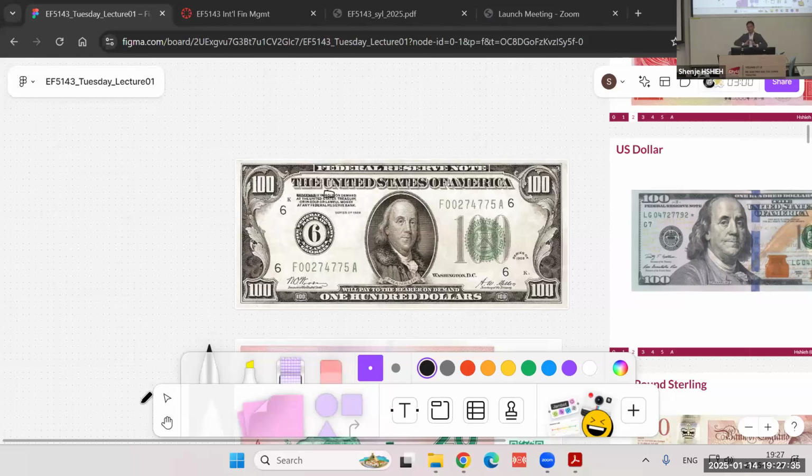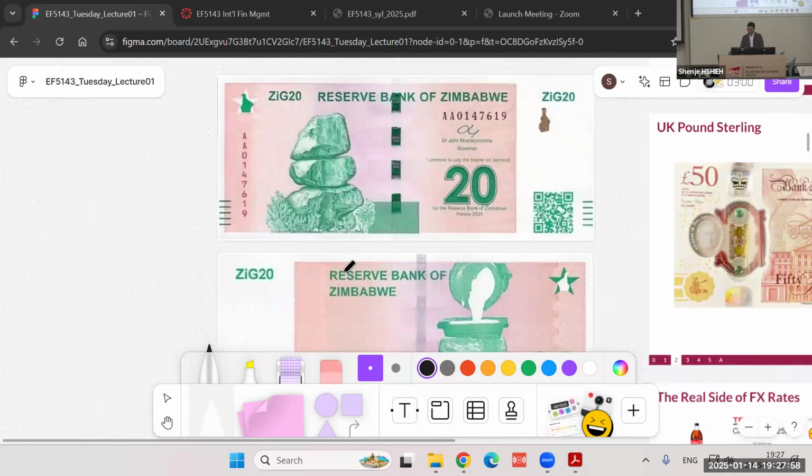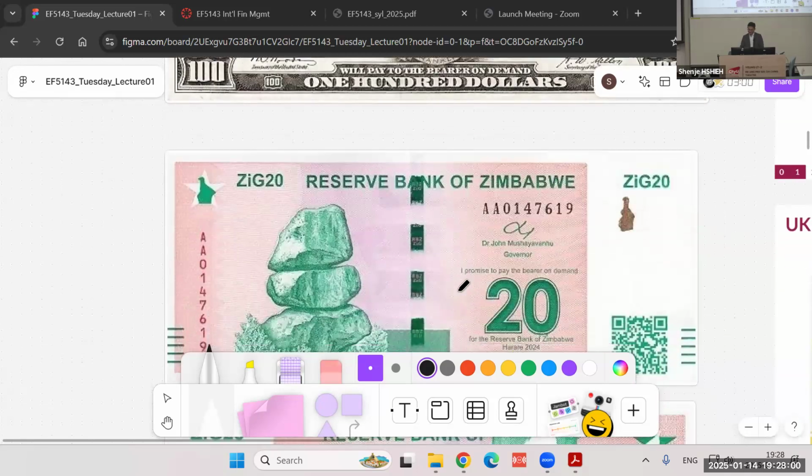Back then, a lot of currencies were backed by gold. In fact, during the 1800s, maybe even earlier, under the gold standard, all major currencies were backed by gold, which means that you can take that certificate and go to the central bank and convert it for some quantity of gold. But nowadays, I think there's only one country that has a currency that's backed by gold, and that was issued just this year.